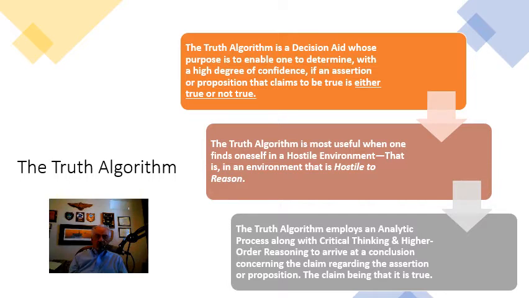The truth algorithm is most useful when one finds oneself in a hostile environment, that is, in an environment that is hostile to reason. The truth algorithm employs an analytic process along with critical thinking and higher order reasoning to arrive at a conclusion concerning the claim regarding the assertion or proposition, the claim that it is true.